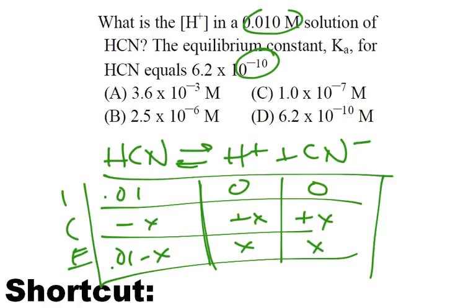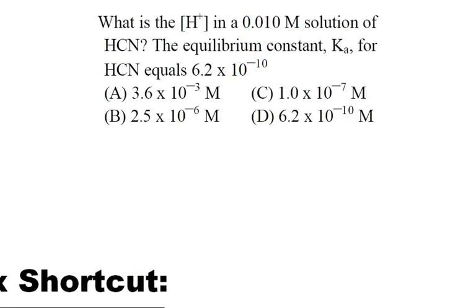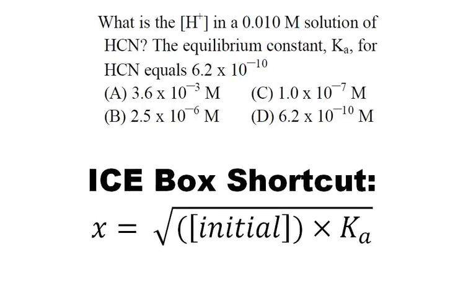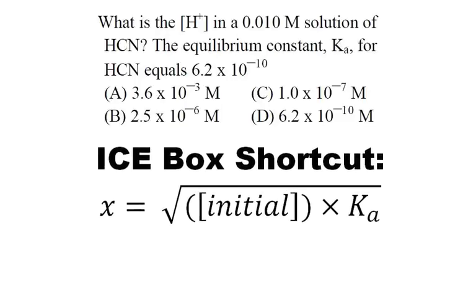So when we can see that this is just a plain old standard ICE box problem, then we want to go back and say, okay, we can actually do the shortcut here. Now the shortcut, you should get good at this, is the idea that the x, in this case the H plus concentration, is equal to the square root of the initial concentration times the Ka.